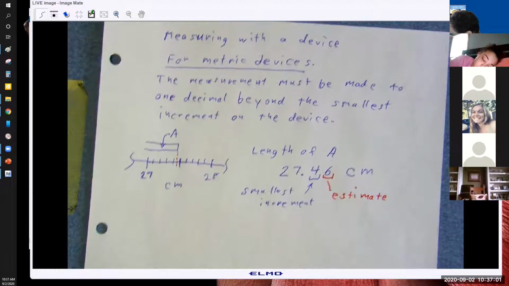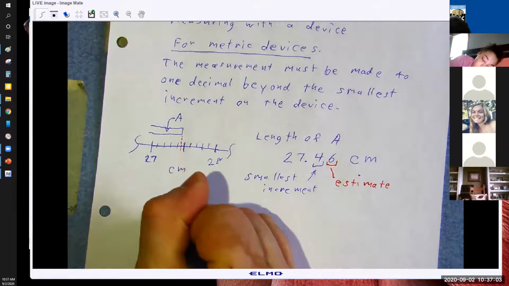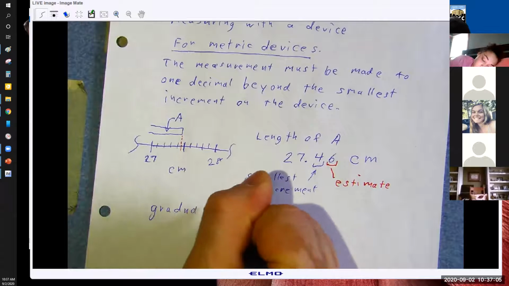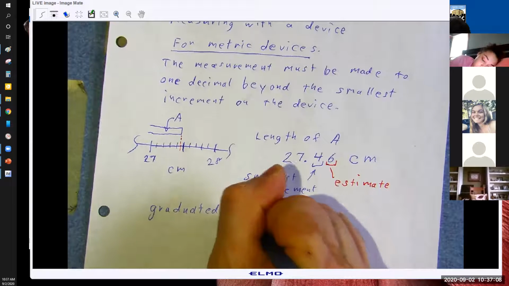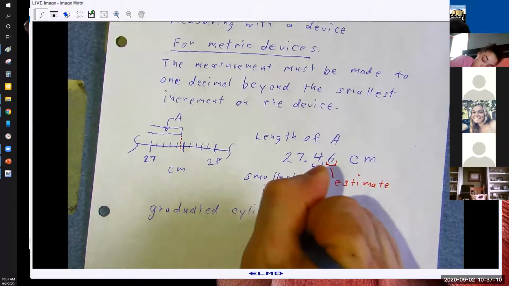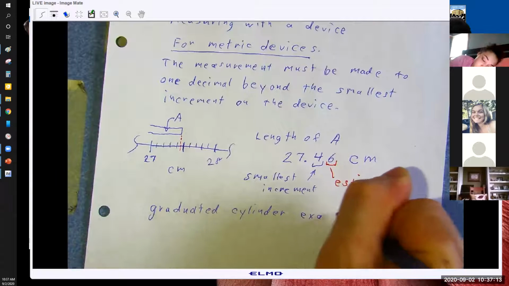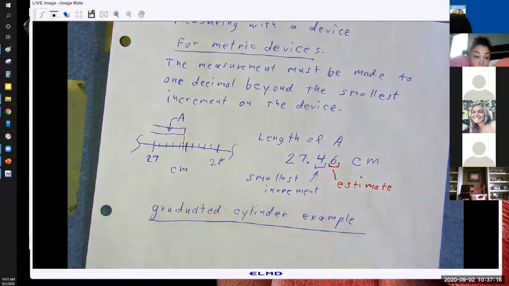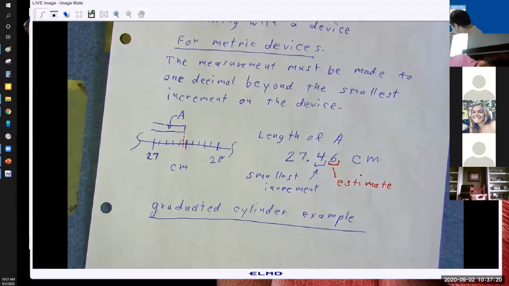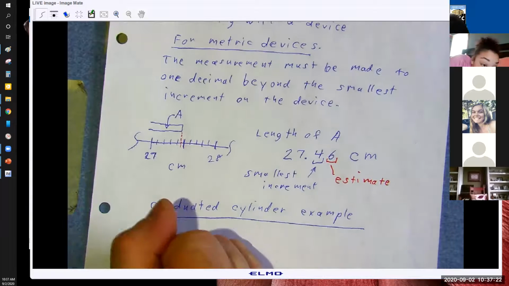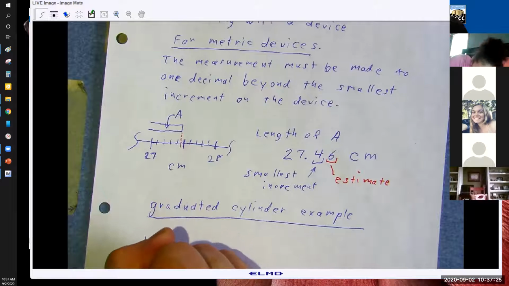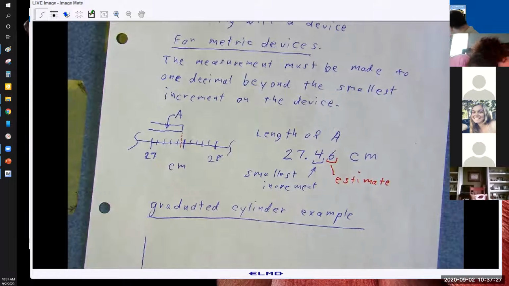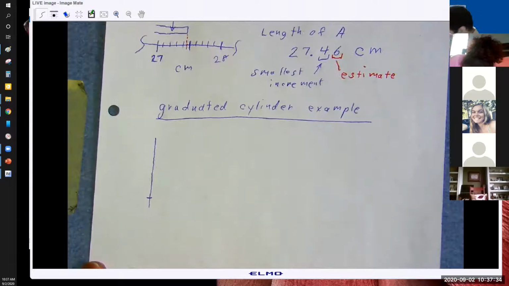And let me put another example on here. This is a graduated cylinder. So a bunch of you may be taking classes where you need to use graduated cylinders. Let me see if I can draw this. I'm gonna have to move this up.